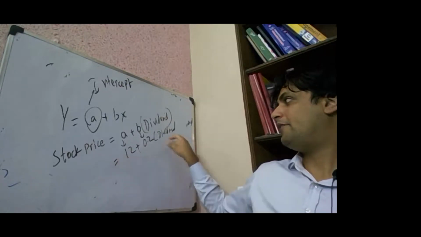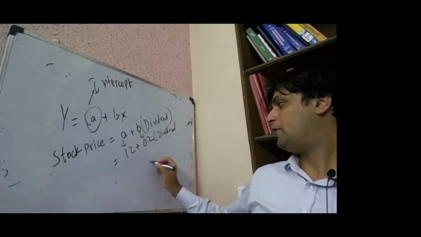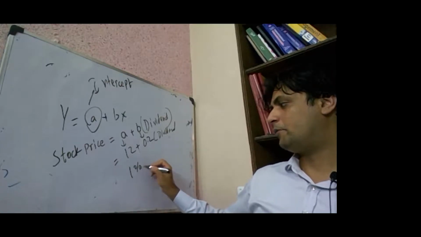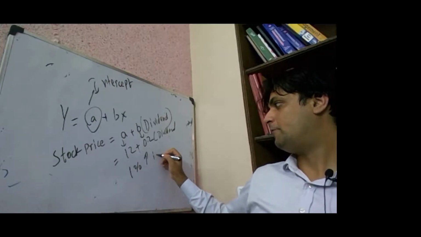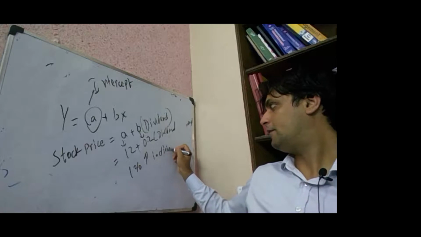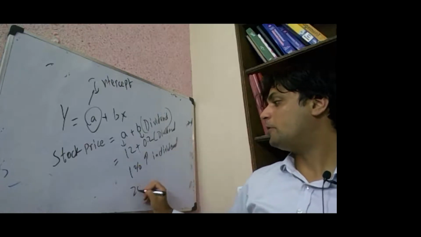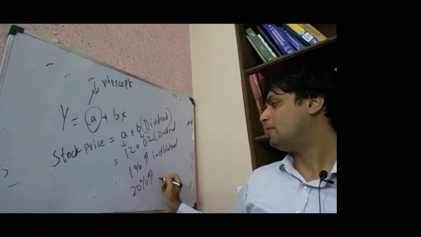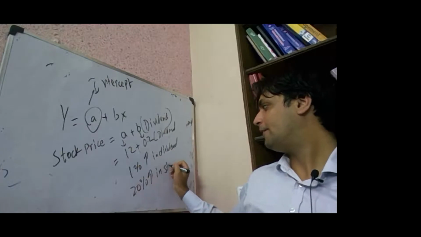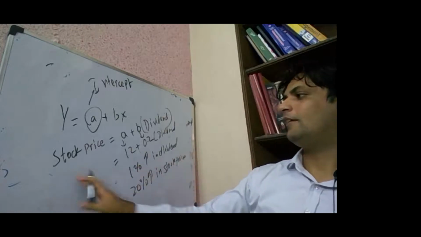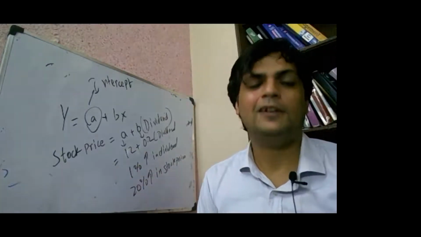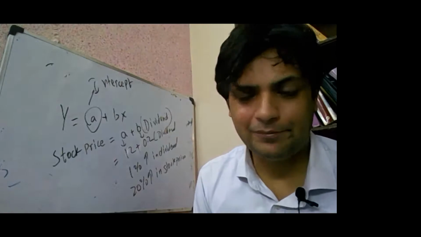But if there is an increase, let's say everything is in percentage, a 1% increase in dividend, there will be a 20% increase in the stock price. So if the stock price is 10, then it will be 12, all right?